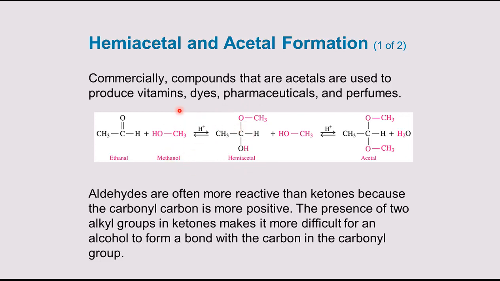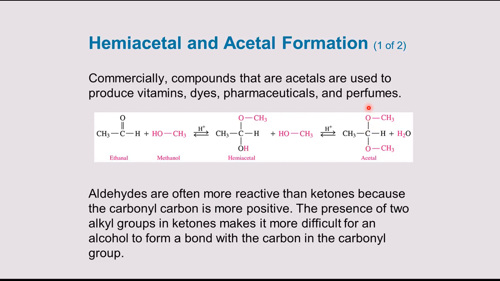And if there is excess methanol, then a second molecule of methanol is going to react to displace the hydroxyl group on the hemiacetal, adding to that carbon, and we end up with an acetal. So to summarize this, an aldehyde and an alcohol will react in two steps to form the acetal, where whatever the alcohol is will bind to what was the carbonyl carbon.